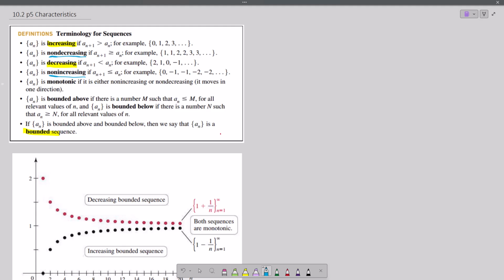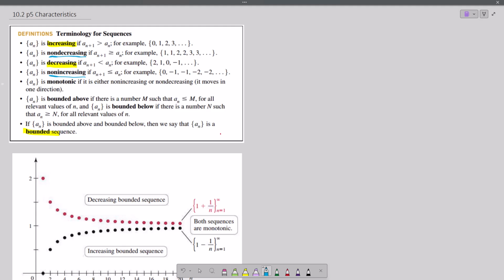When you look at these two sequences down here, this black sequence is increasing, this red sequence is decreasing. Those are comfortable words. We can visualize those really easily. In practice, that's usually totally fine. To create one of these other two types of sequences that are non-increasing and non-decreasing, it's a little hard.